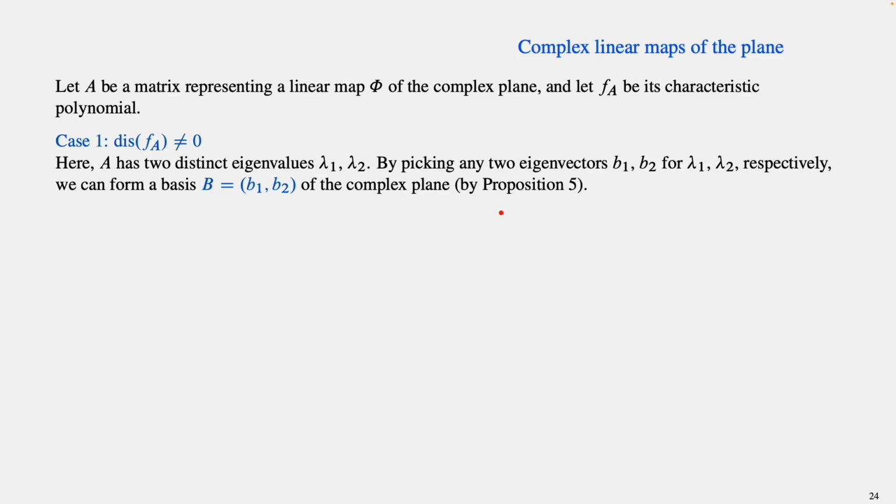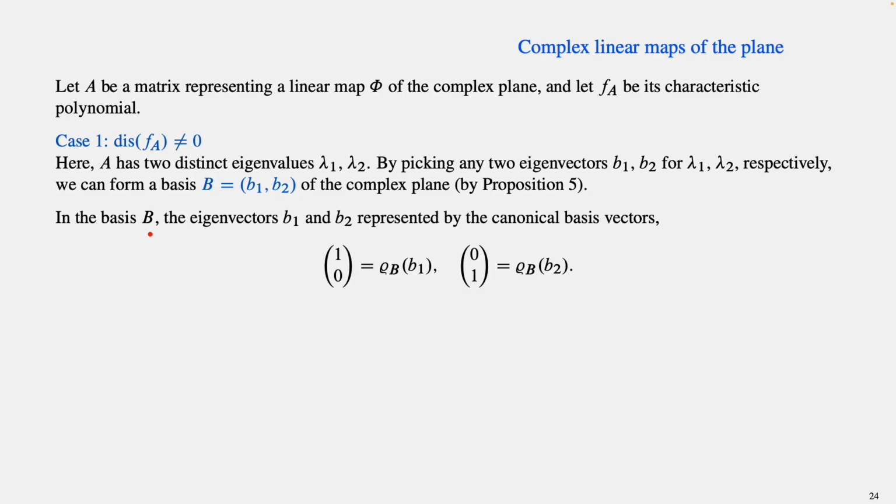Now, we pick any two eigenvectors b1 and b2 for those two distinct eigenvalues. And by the proposition we just proved on the previous slide, we can form a basis made up out of those two eigenvectors. In this basis, the eigenvectors b1 and b2 themselves are represented by the canonical basis vectors. That's pretty much the definition of a basis representation.